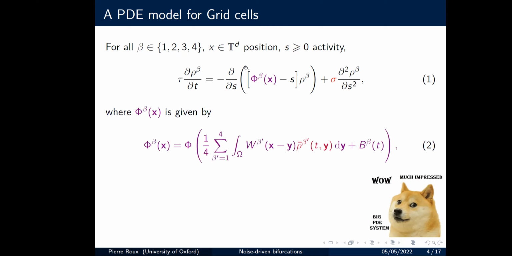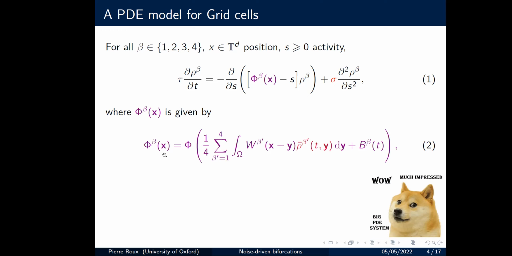So it's driven by a firing rate, which is space dependent and acts through a convolution. So you have these W beta, four of them, which are the connectivity kernels, and each of them is in the preferred direction: north, south, east, west.